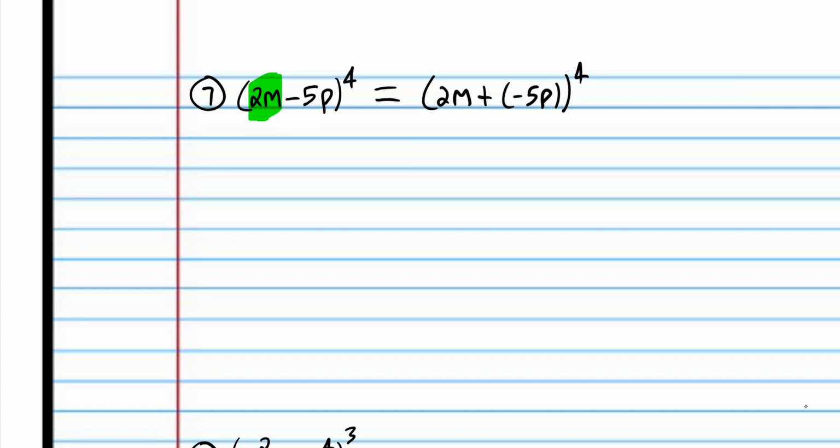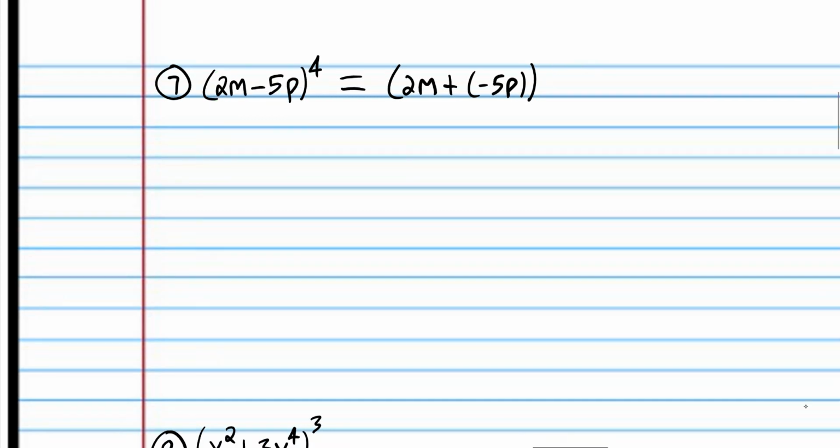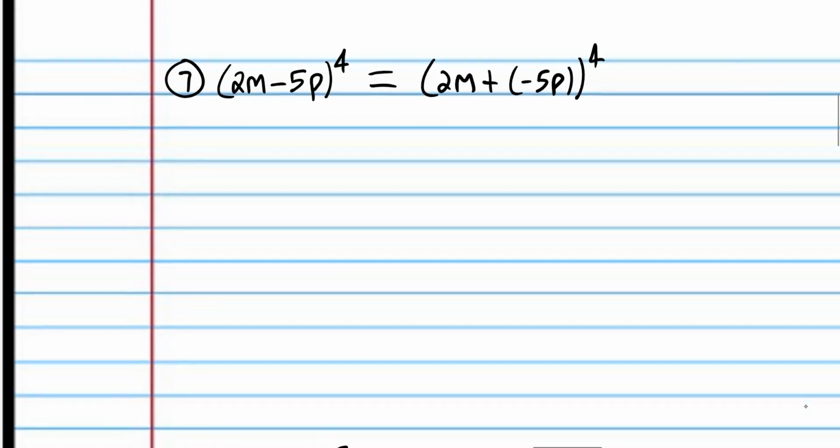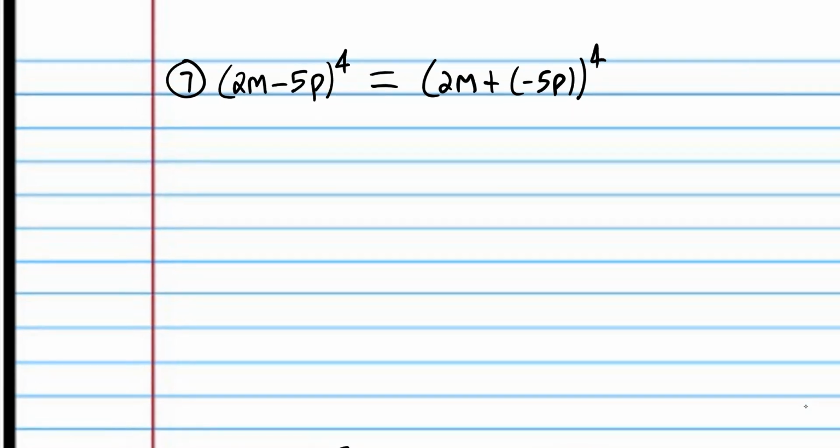That's going to be a, and this is going to be b. So this is going to be a little more complicated, but we can do it. So this is where our exponent rules come into play.